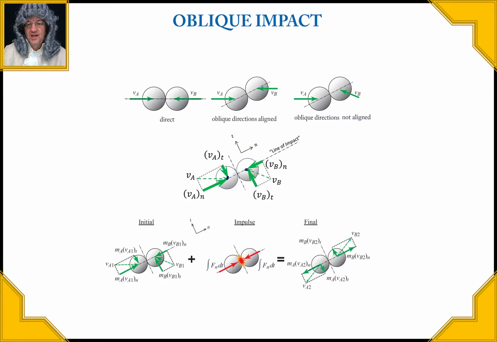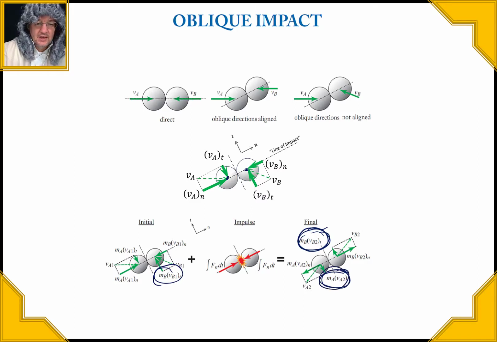Okay, so we draw the final momentum state right there. Here's the impulse and momentum diagram for this arrangement, and I'm going to show you in a second that this right here is going to be equal to this, whereas this right here is equal to this.